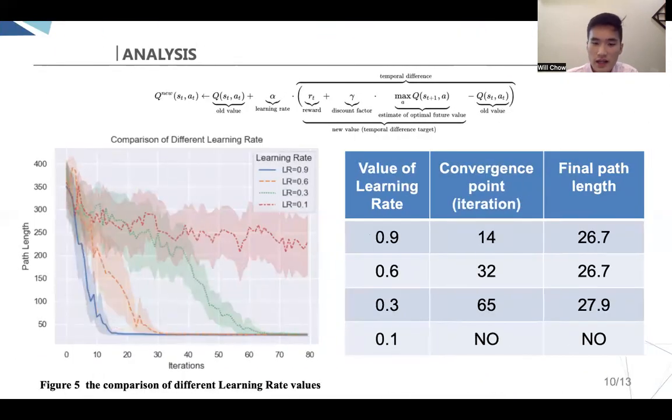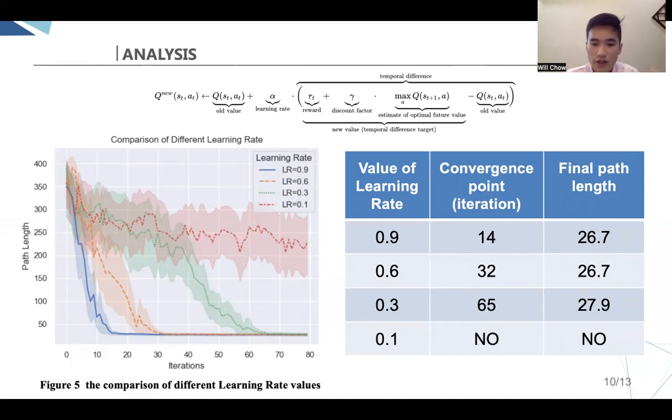Okay, this slide is another comparison between different values of learning rate. First of all, when updating the strategy, there will be a difference between fast speed and slow speed, the term of which we call the learning rate, ranging from 0 to 1. In figure 5, we set the discount factor equal to 0.9 as invariant, and the independent variable is the learning rate.